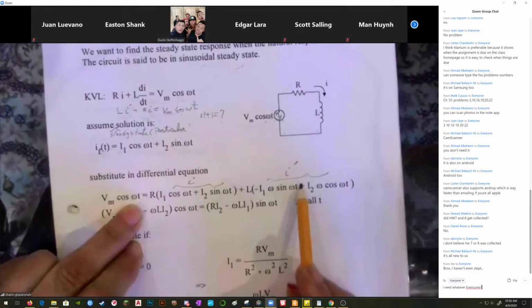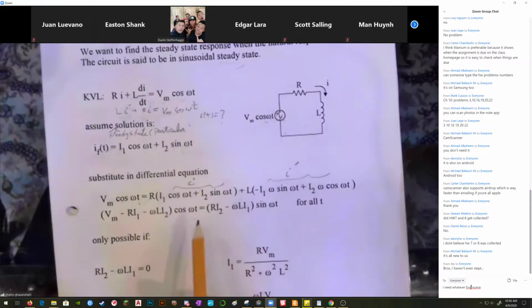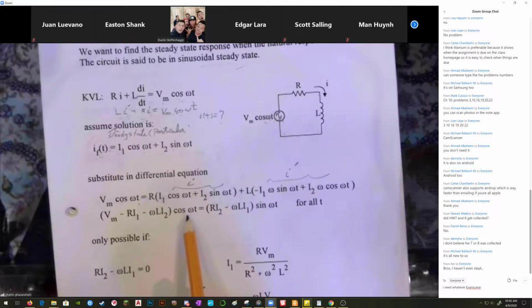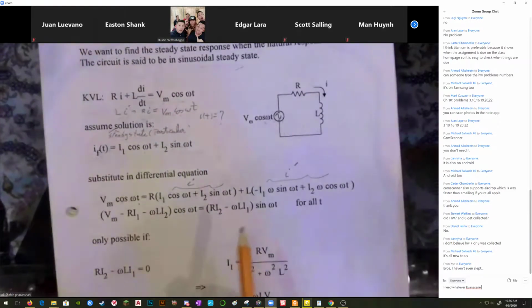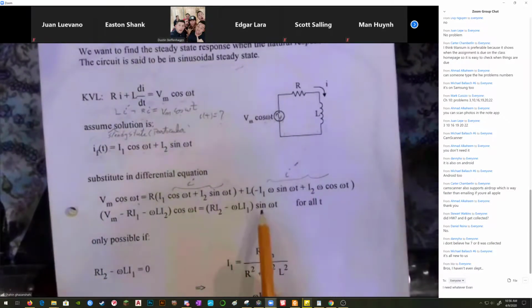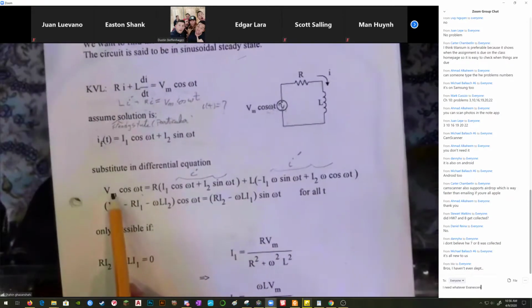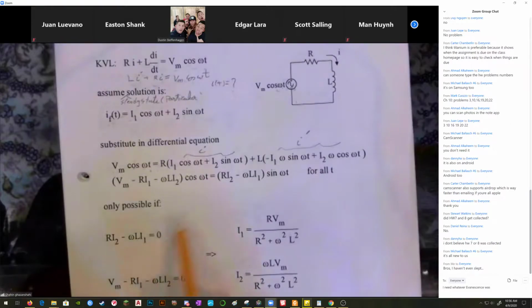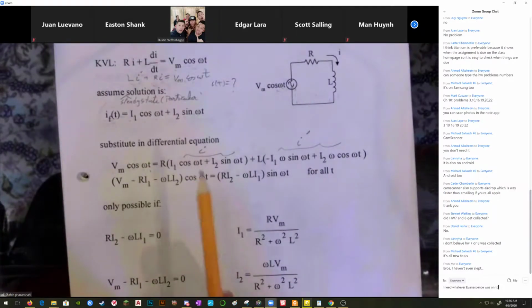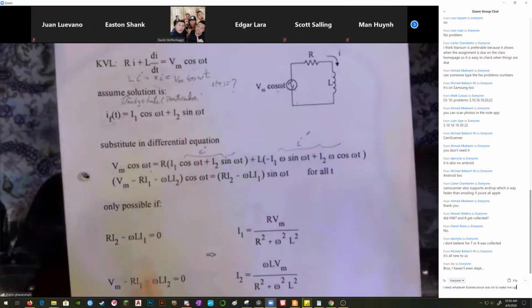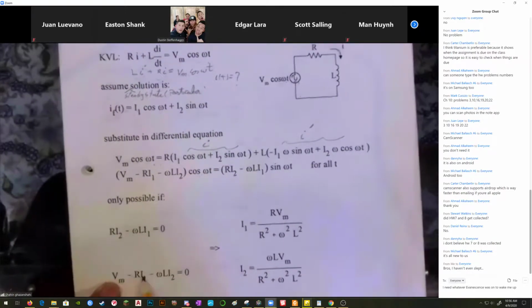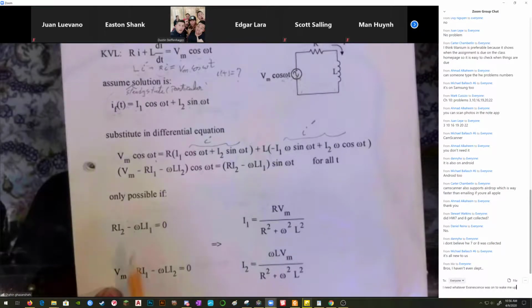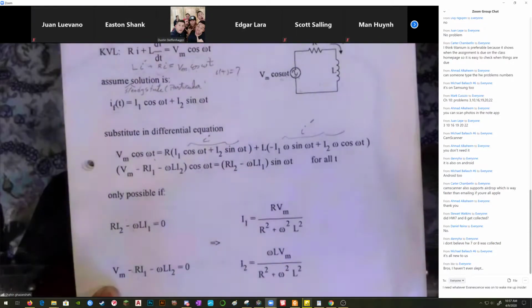Okay. And when I do that, I'm going to factor cosine omega t and sine omega t and equate their coefficients with the right-hand side. On the left-hand side, I just have cosine omega t. So basically, you equate the coefficient of the cosine and the coefficient of the sine, you have two equations, I'm sorry, with two unknowns, and I solve for those two unknowns, okay?